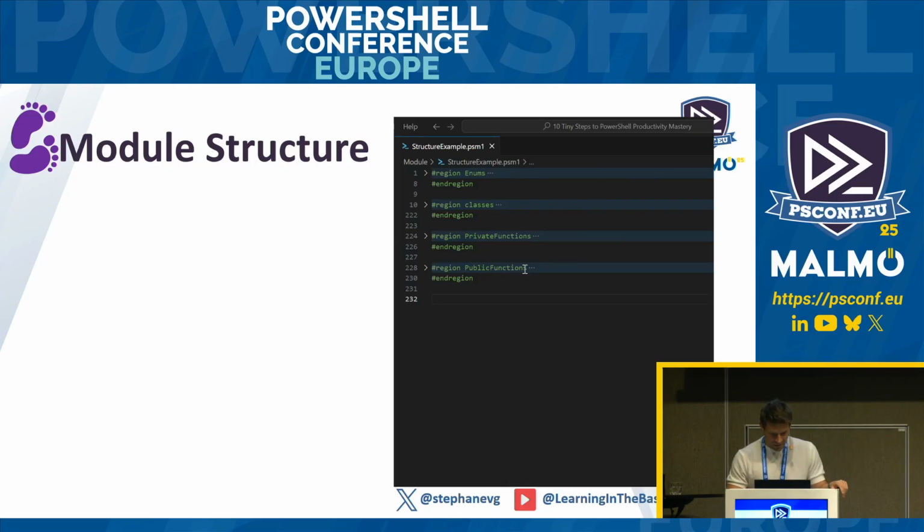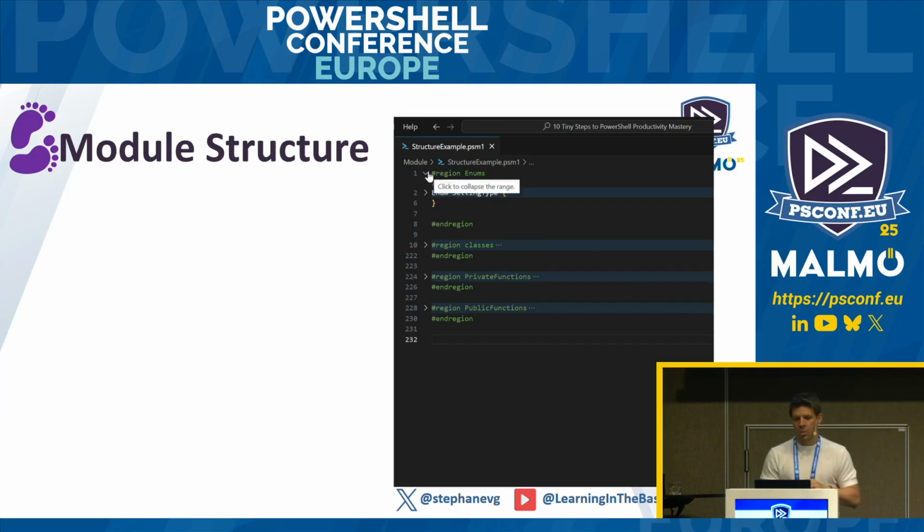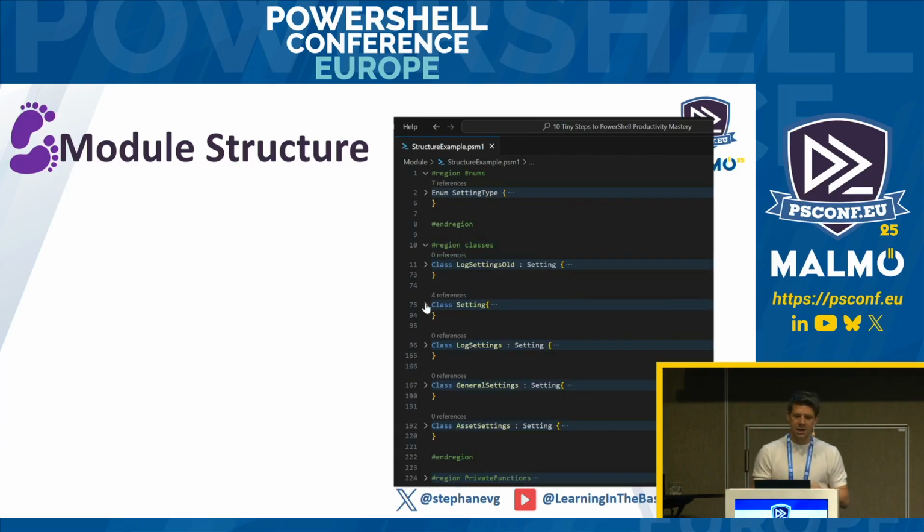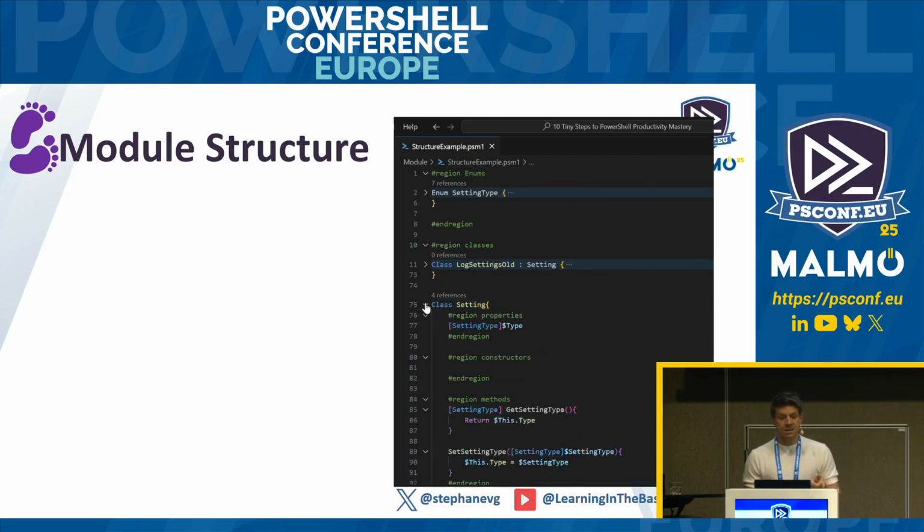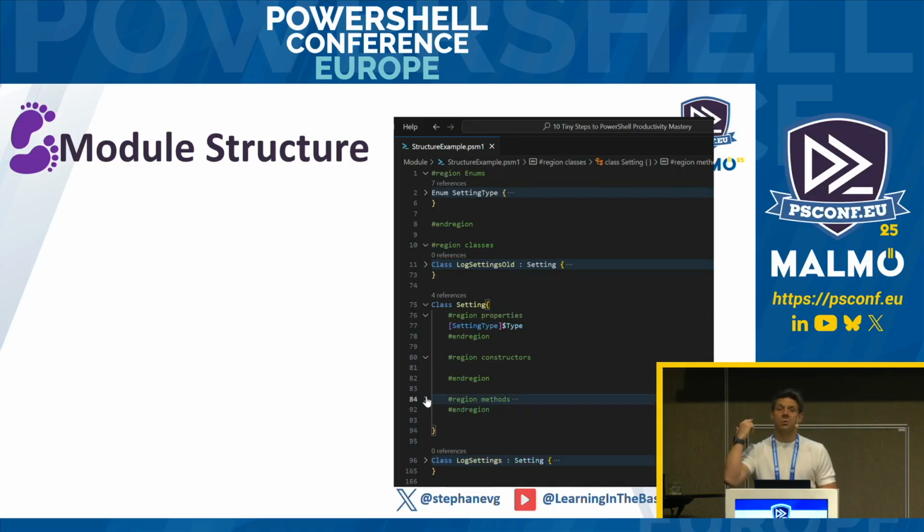So here I have a demo. I want to show the module structure. Inside the module, I now add these regions. I didn't do it before, and I'm going to show you in a later step why. So we have a region for enums, and for classes, and inside here I have my classes. In addition, for classes, I also add regions for my properties, my constructors, and my methods.